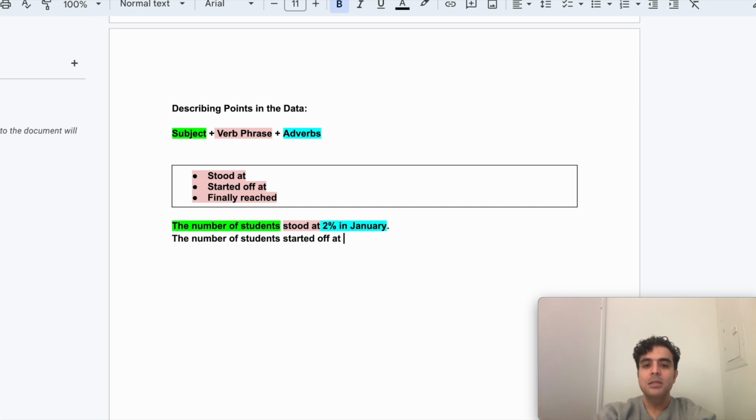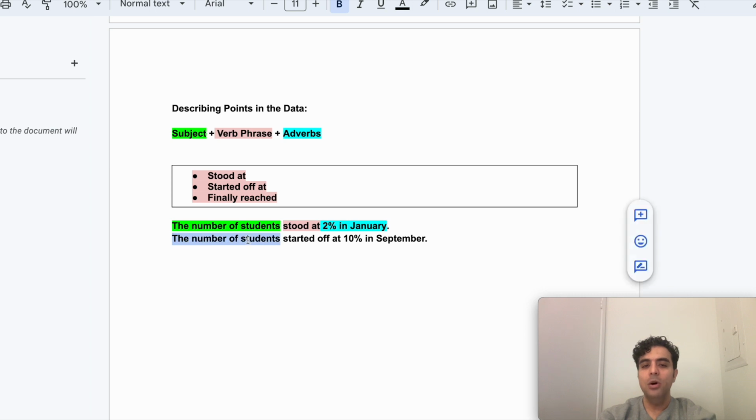So we could say started off at 10% in, and let's say the time period starts in September of one year and ends in the September of the next year. So here we have in September, which is the starting point.